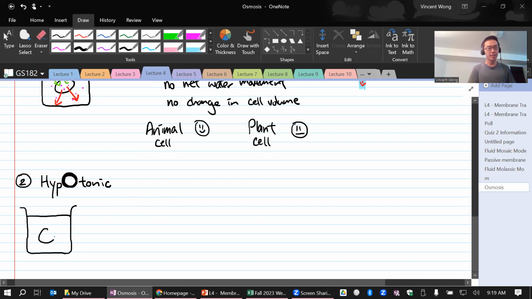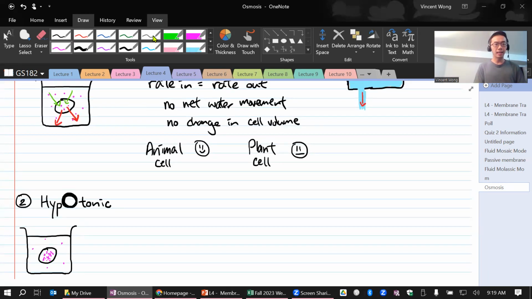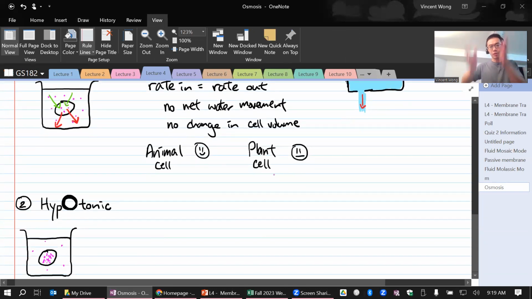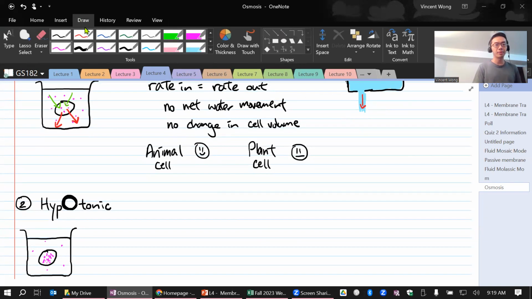So in this case, we have a cell here, and it's a lot more concentrated on the inside than outside. On your page, you have it right next to each other, like I told you, in 3 columns. It's much easier for you to compare them.